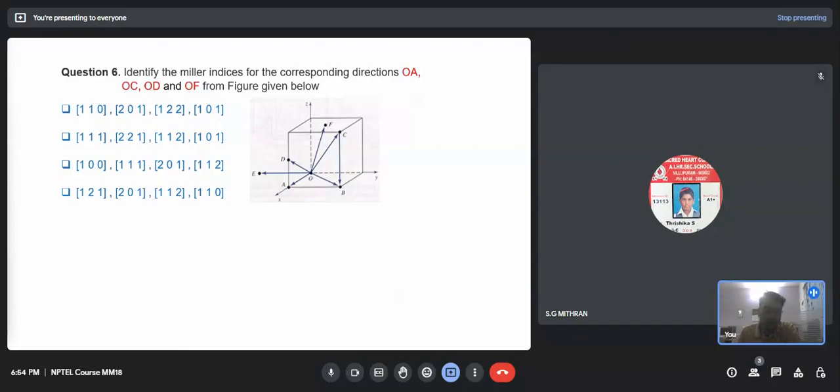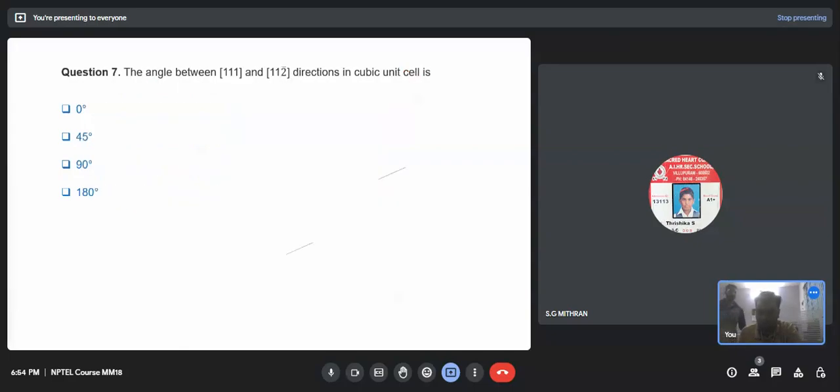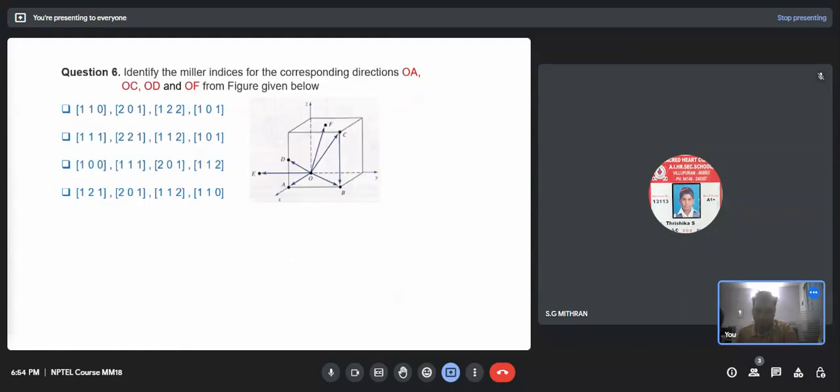You can see OA here. So this direction we are considering first, OA.